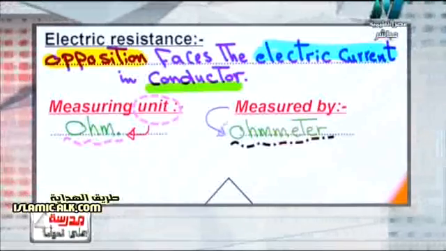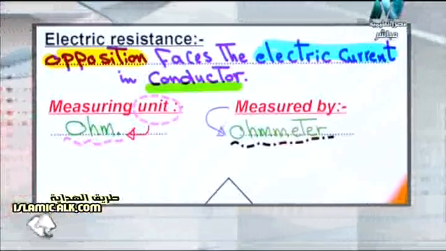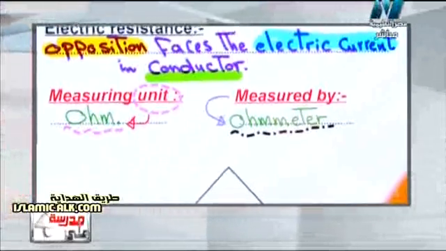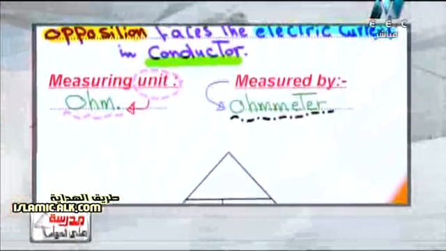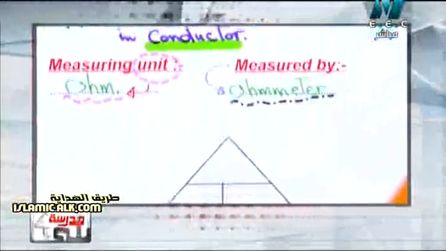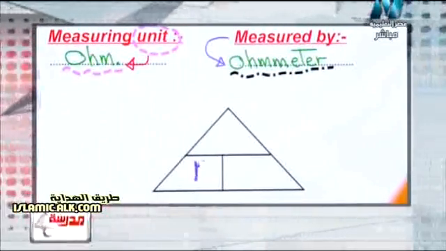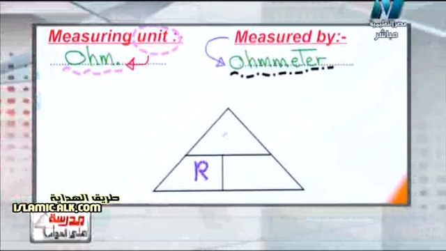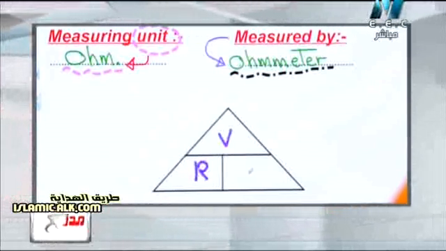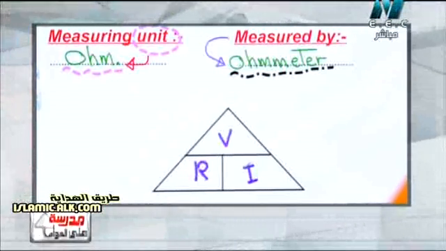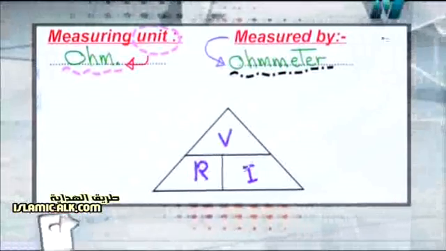A device called an ohm meter. So we have, as you see here, dear students, R as electric resistance from the magic triangle. R equals V over I. So we have to talk about the two measuring units here.